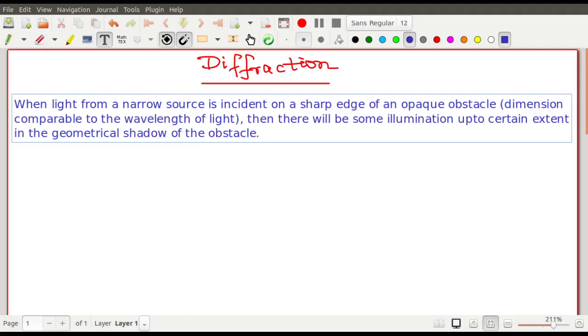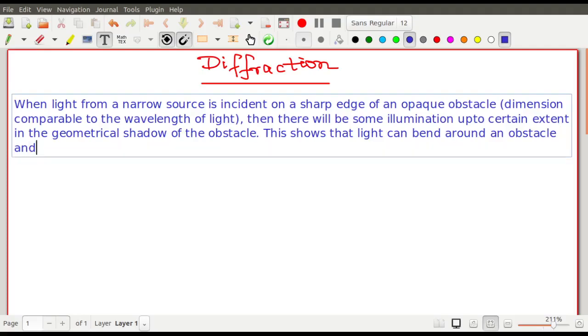This shows that light can bend around an obstacle, and the phenomenon is called diffraction. So this is the phenomenon of diffraction, that is, you get some light within the geometrical shadow.